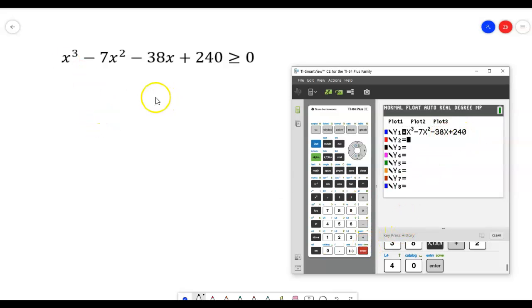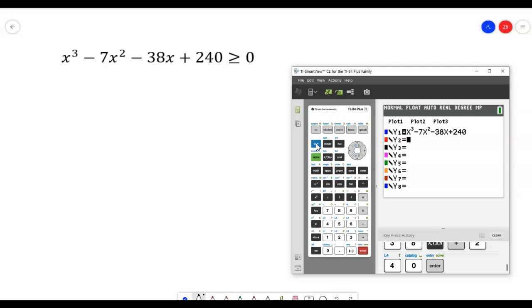What I'm going to do is start with the factors. I know that 1 is a factor, 2 is a factor, 3, 4, 5, 6 are factors. So I'm just going to start putting in factors until I can get a 0 in there, and I know that's a root, and then I can use synthetic division and get this reduced down until I can get to something more manageable.